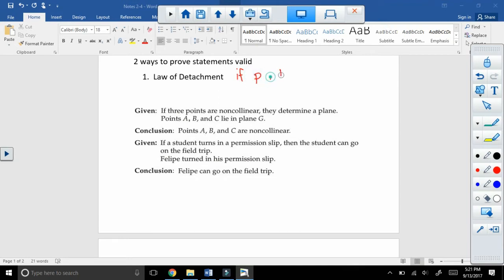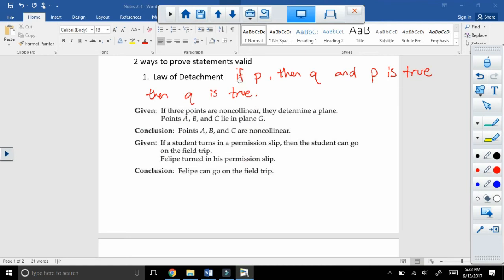So we'd have something like if P, then Q. So we have some sort of conditional, and we also know that P is true. So when you have this, a conditional statement, if P, then Q, and P is true, then the conclusion that you can make then is that Q is true.